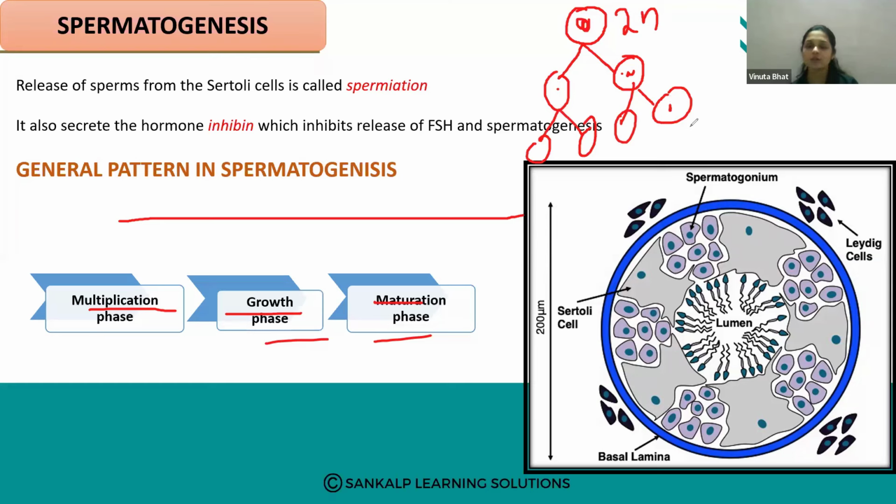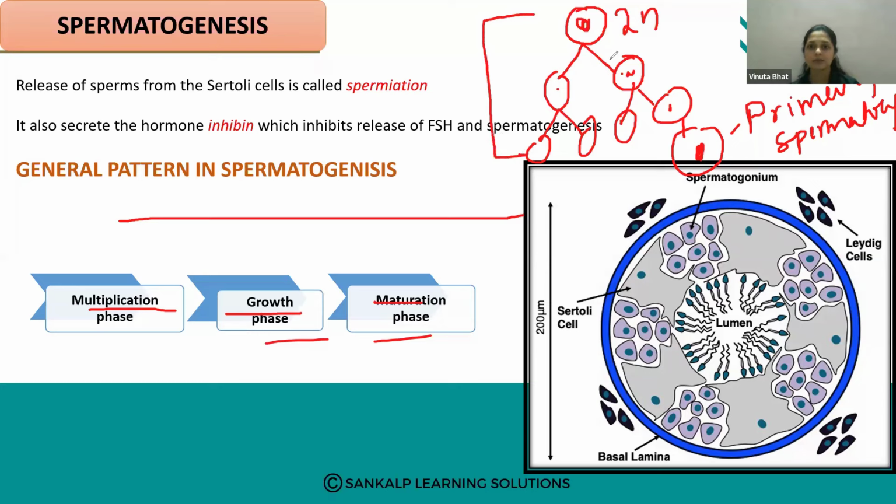And one of the spermatogonial cells will become the primary spermatocyte.